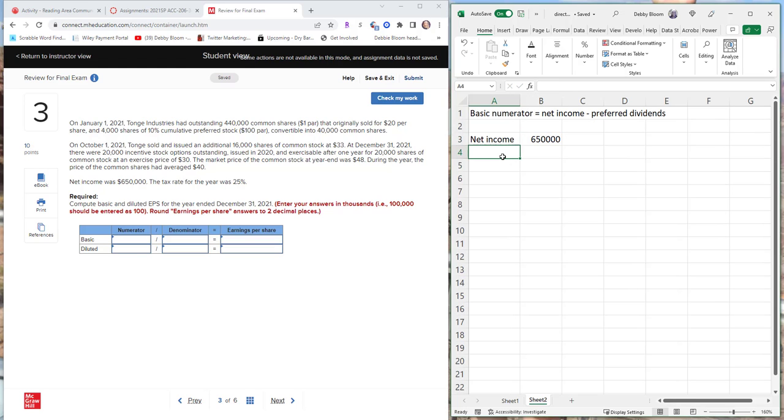So to calculate our preferred dividends, we were told that there are 4,000 shares of 10% cumulative preferred stock. So the preferred dividend is going to be calculated as 4,000 shares multiplied by the $100 par, multiplied by that 10% rate.